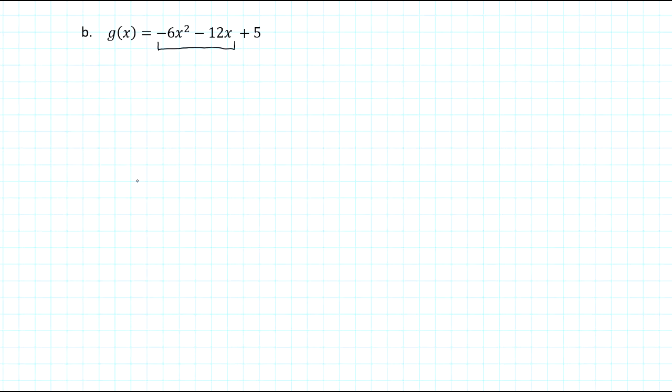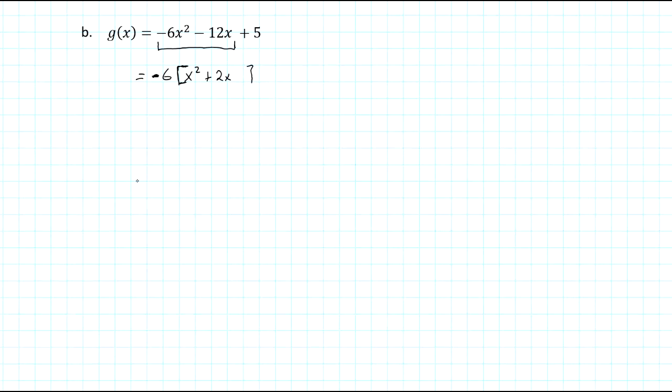Just looking at those first two terms, if I factor out that negative 6, then we'll have x squared plus 2x. Remember, we factor out that negative as well, so that's why it's a plus 2 in there. It's really important that we keep that in mind.